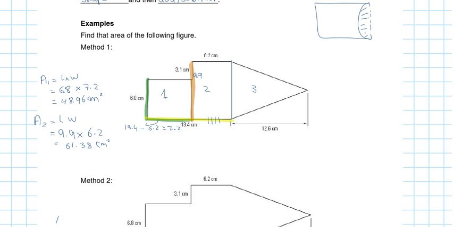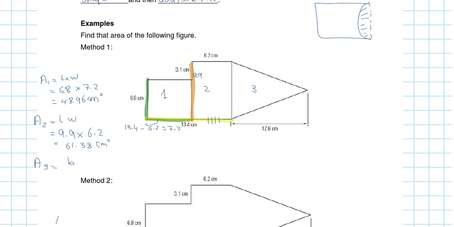All right, and then to find my third area, I have a triangle. What do I need for a triangle? Yeah, so I need the base and the height, and then divide that by 2, right? Is the height 9.9? The base is 9.9.